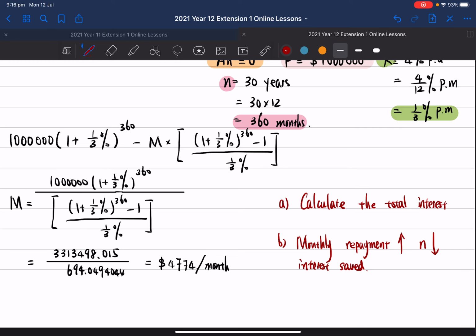Another type of question would be if you want to reduce the term. So you don't want to repay within 360 months, you want to finish off the loan in 25 years. They ask you, if you want to reduce the N, how much you have to pay for the monthly repayments.